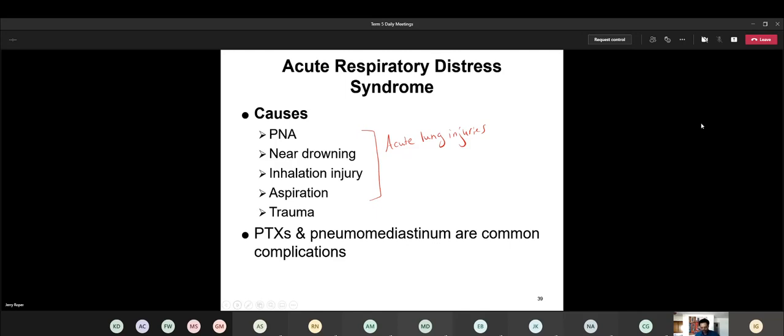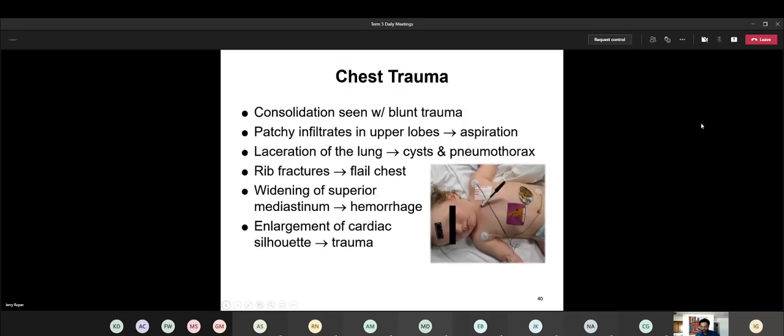More on ARDS in the next course, or the last course that we have in a couple of weeks. And then chest trauma, of course, with this particular picture here, if you saw this, then you can almost anticipate what you're going to find on X-ray. So what could possibly happen?